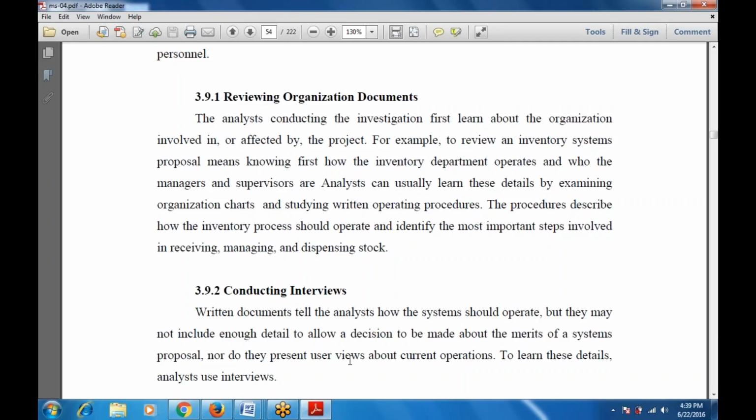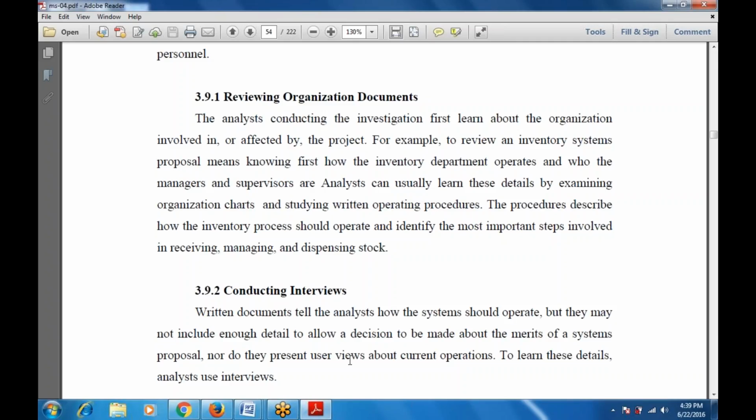Written documents tell the analyst how the system should operate, but they may not include enough detail to allow decisions. Whatever documents are available tell how the system should operate, but in multiple cases the information can be gathered from interviews, from face-to-face conversations. In those cases, interview is one of the best techniques.